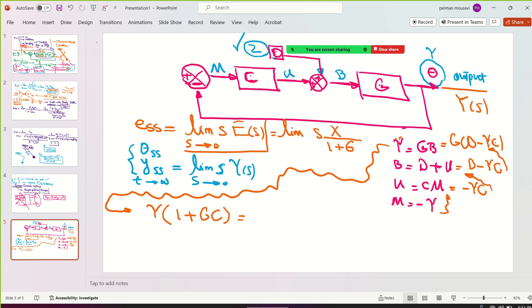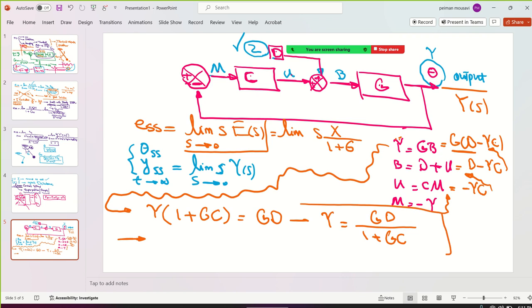GC, GD. So you can find from here Y is equal to GD over 1 plus GC. Here we go. All right.